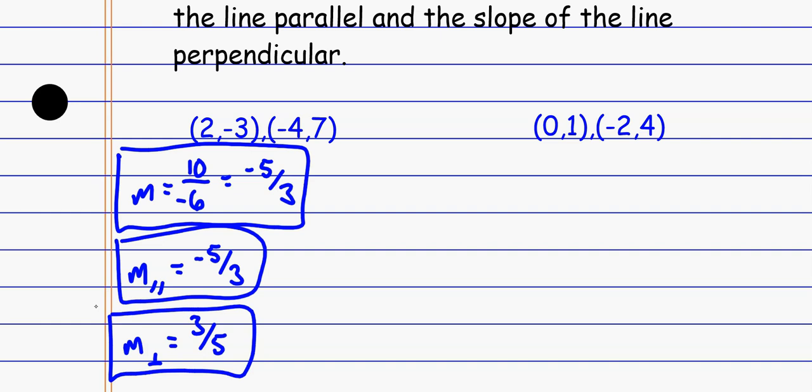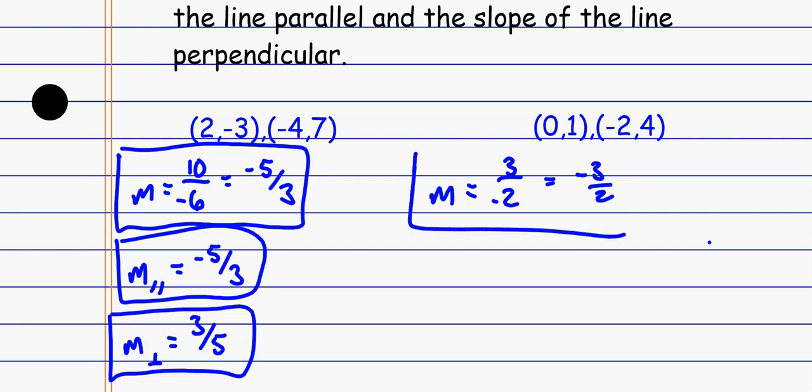All right. If I look at the next one, same kind of thing. The slope of the line, change in y over change in x. To get from a 1 to a 4, you got to go up 3. That's the change in y. To get from a 0 to a negative 2, you go down 2. That's the change in x. And then I would just rewrite this as a negative 3/2 and put the negative with the numerator or stick it out front. We don't typically write it with the denominator.